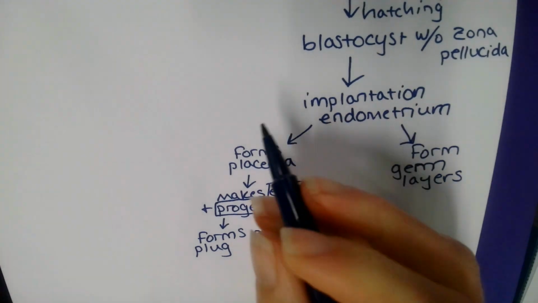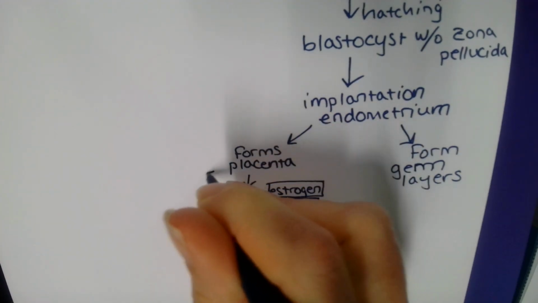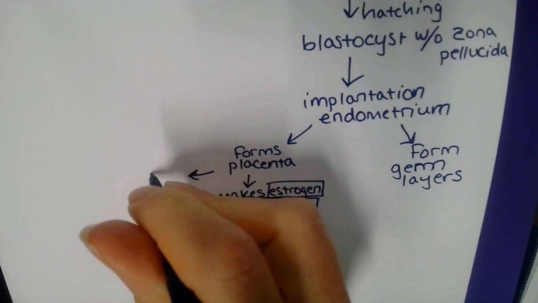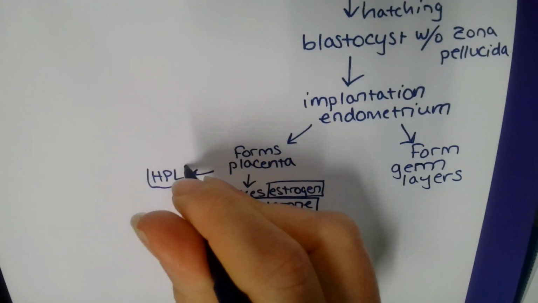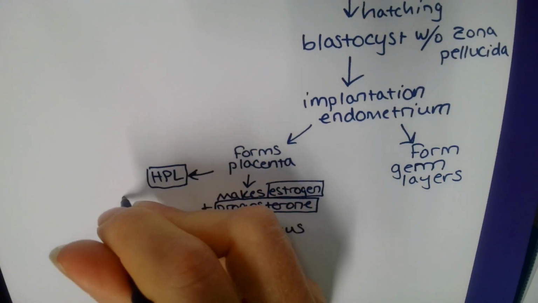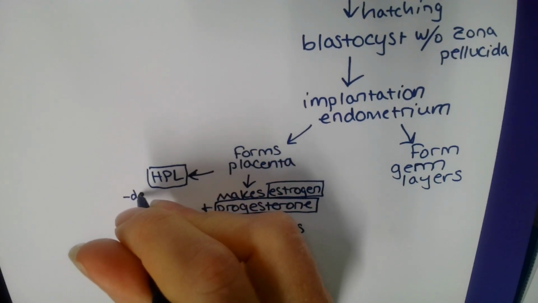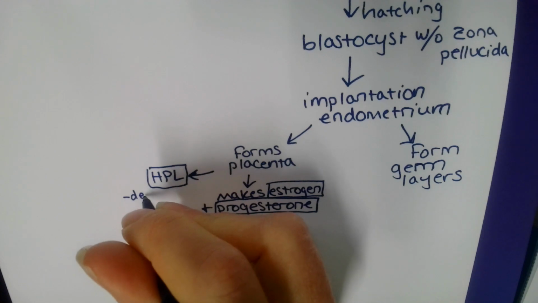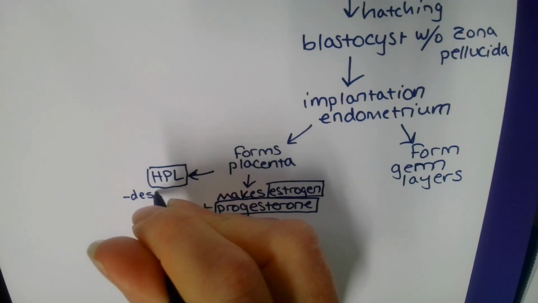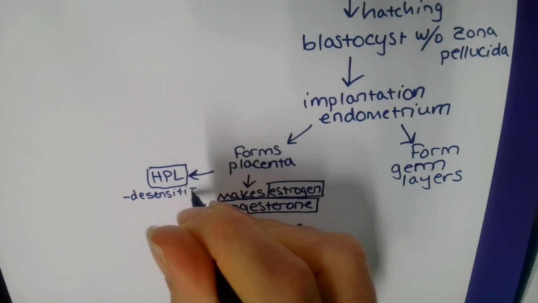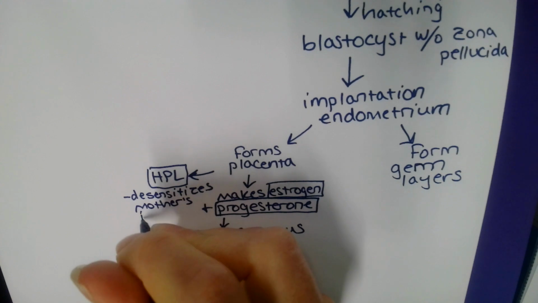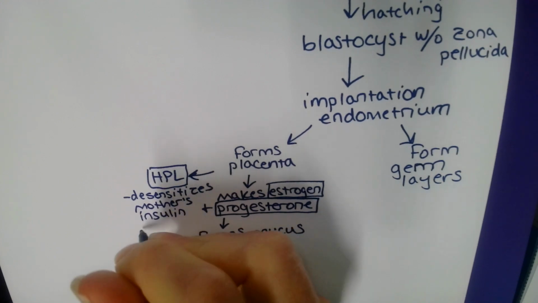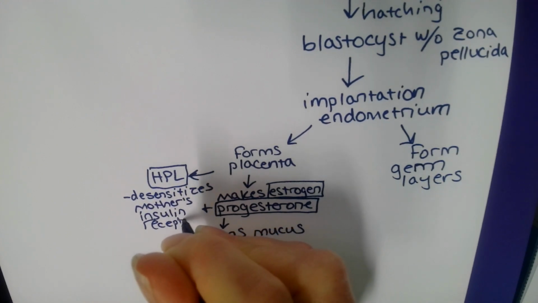The other hormones the placenta makes, it's going to make human placental lactogen, and that is going to make the mother's insulin receptors more resistant. So I'm going to say desensitizes the mother's insulin receptors to put more glucose in the blood.